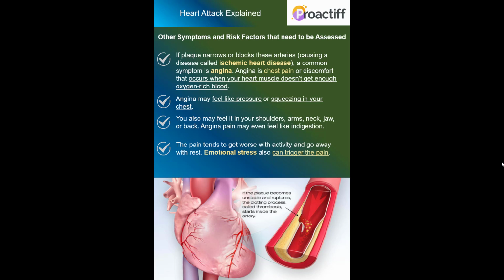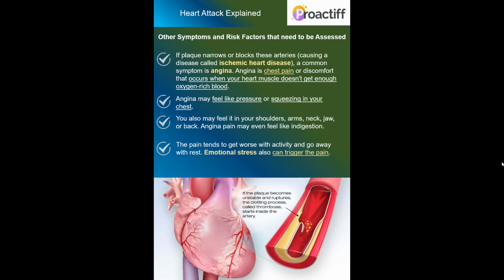This leads first to chest pain, severe chest pain, and the individual would feel as if it's choking in their chest, or there is severe discomfort when the heart muscles don't get enough oxygen-rich blood. This could be a mini or minor heart attack or a major one. The degree of variance will be based on the blockage, the artery, and the location, and of course the common denominator is the deprival of oxygen-rich blood.